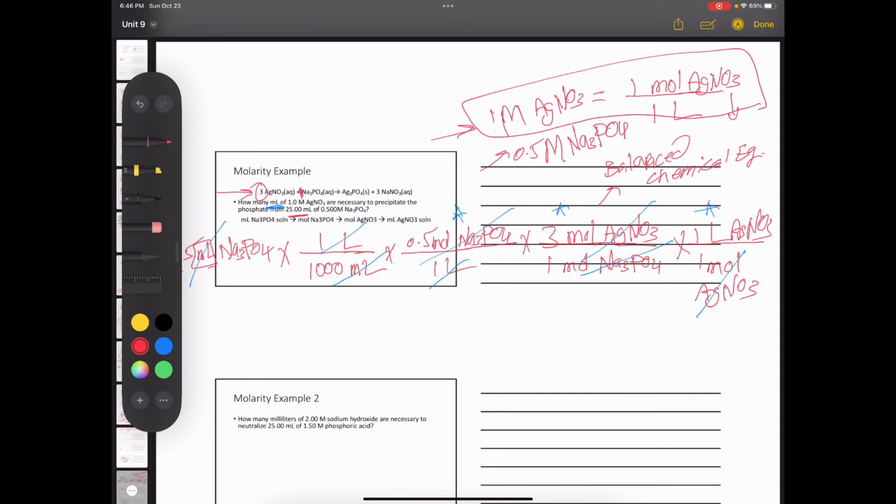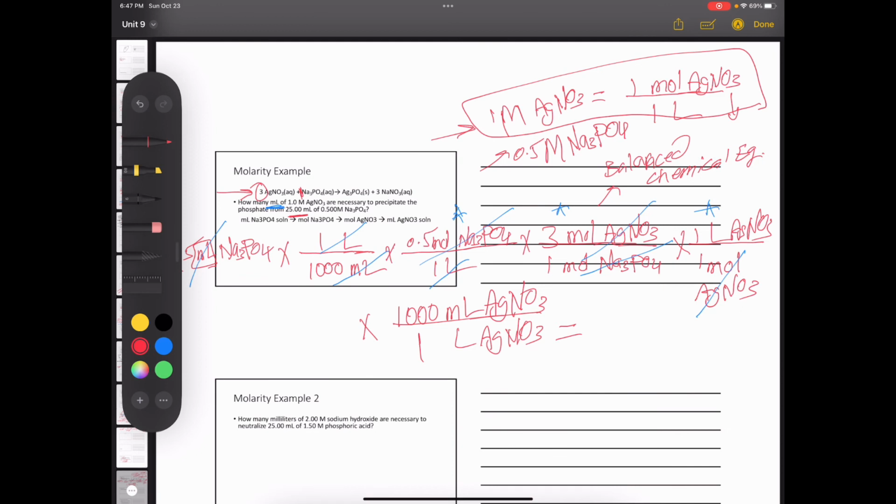So I'm almost there, but not quite yet, because I need to convert these liters into milliliters. Remember, I need my answer in milliliters of AgNO3 because that's the unit that I started with. Down here will be liter AgNO3. 1 liter equals 1,000 milliliter.